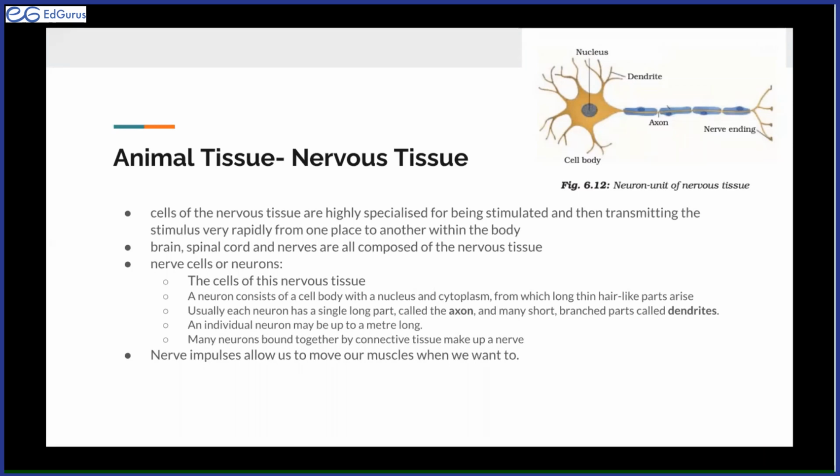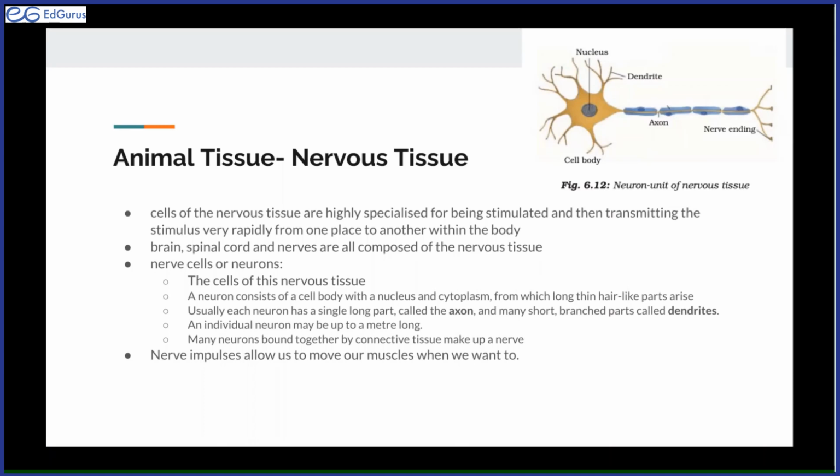For example, if I pick up my textbook, then the nervous tissues in my hand will feel the book in my hand. Then they will transfer this signal, that I am holding a book in my hand and they feel it. So this feeling will be transferred from the nervous tissue in my hand all the way to my brain so that I can feel this feeling.